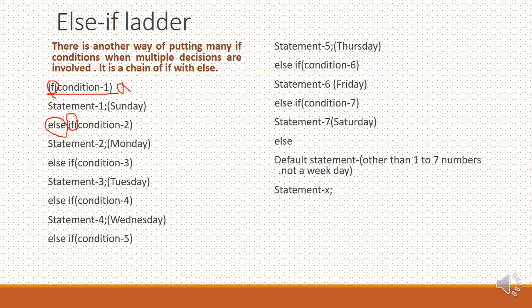If this is false, what is it going to do? That is why we have written else if. If this condition is false, then you test condition 2. If this condition is true, then execute statement 2. If this is false, next go for test condition 3 and execute statement 3.